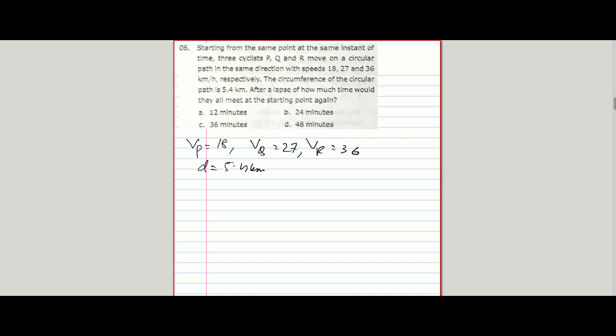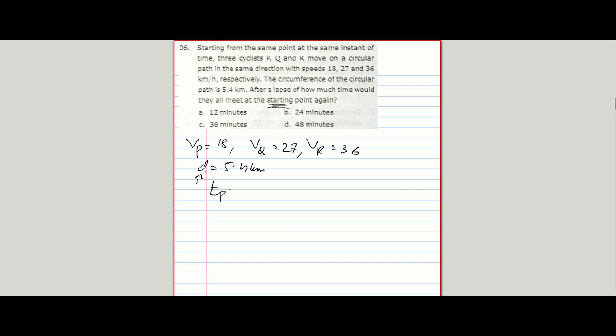They all meet at the starting point again, which means they would have covered an integral multiple of this distance, which means again that they will also cover a time which is an integral multiple of the time it takes to cover one round.